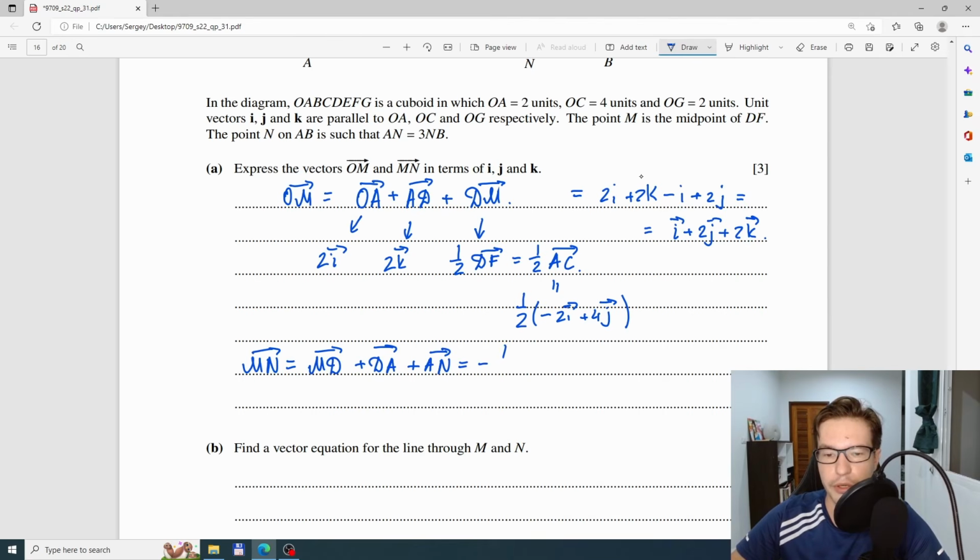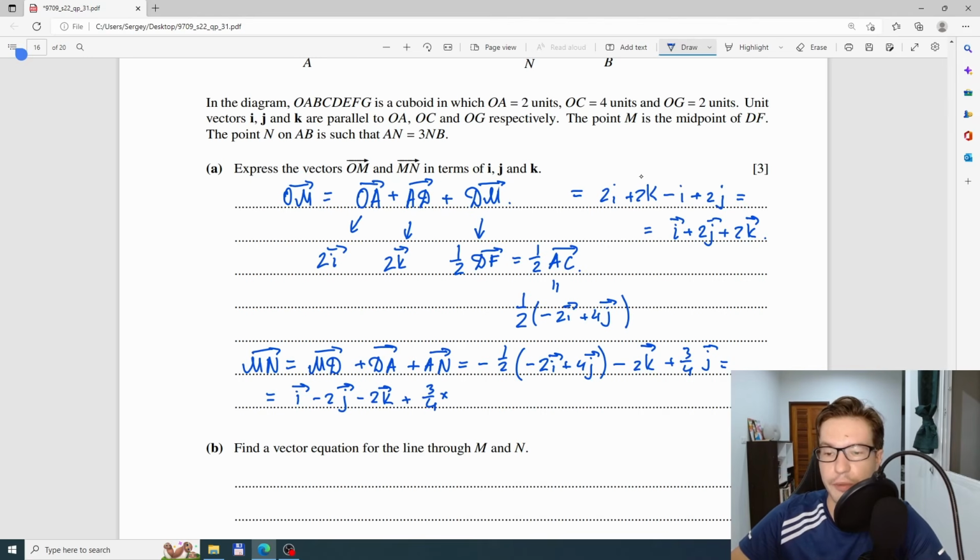And we already know almost everything. So MD is going to be minus a half times (minus 2i plus 4j), and then minus 2k plus 3 over 4 j. Okay, expand the brackets, so it's going to be i minus 2j minus 2k plus 3 over 4.